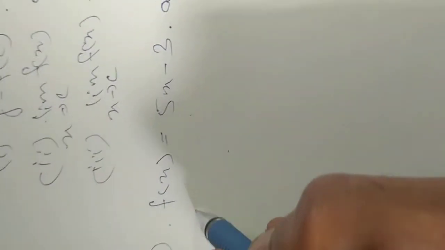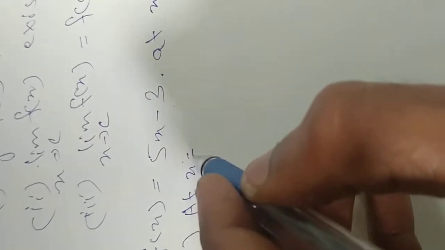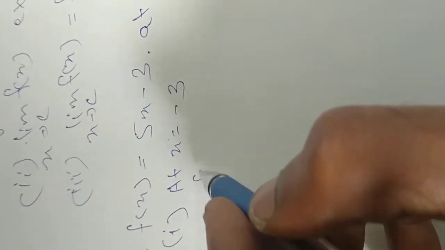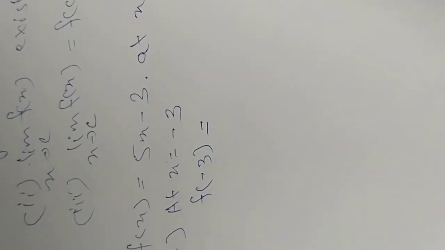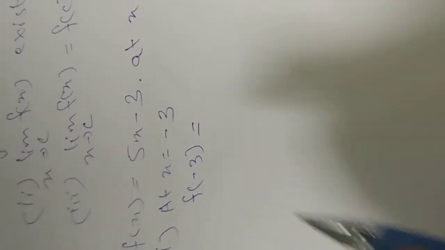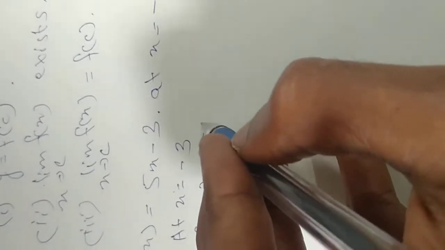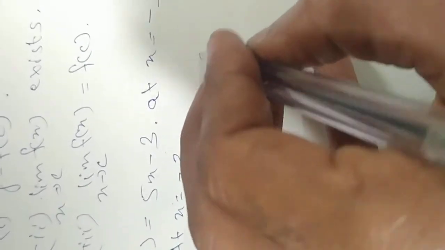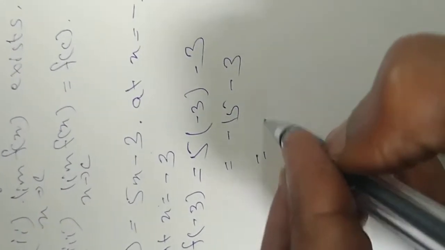First we are going to check the first condition. What is f of minus 3? We substitute x is equal to minus 3. So it is 5 into minus 3 minus 3, which is minus 15 minus 3, equal to minus 18.